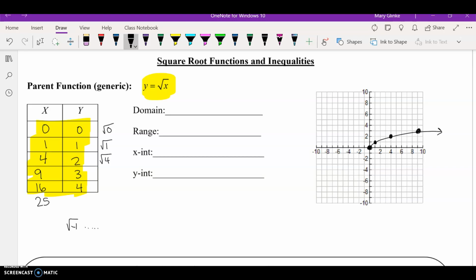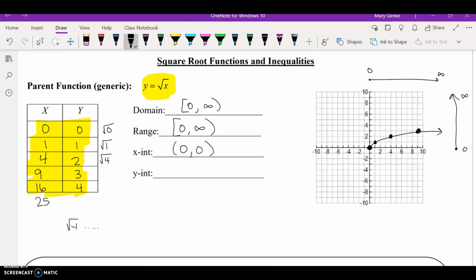And that makes our domain from left to right 0 to positive infinity. And it makes our range from low to high 0 to positive infinity as well. So it's a little bit different than the graph of your quadratic because it's not negative to infinity for anything. For your domain and range, it starts off as 0 to infinity for both of those.